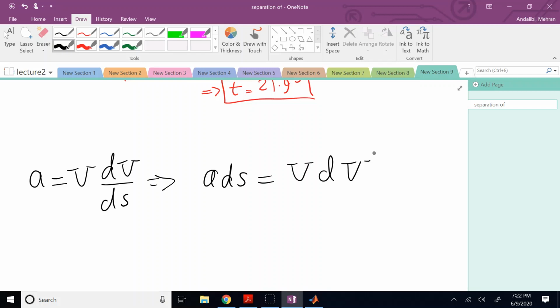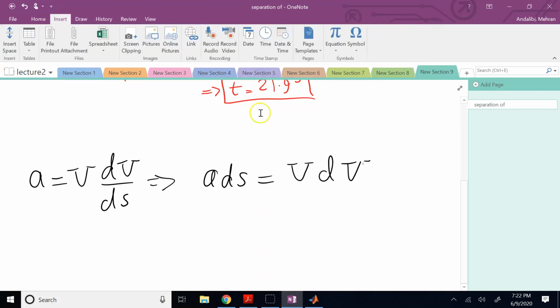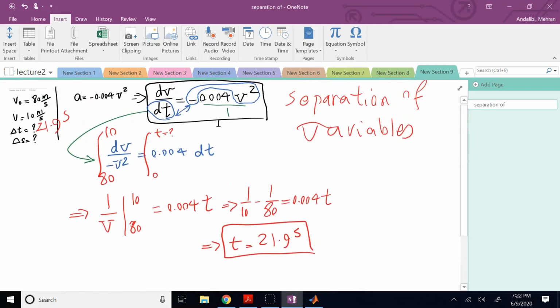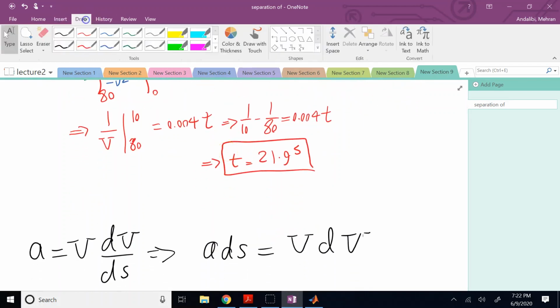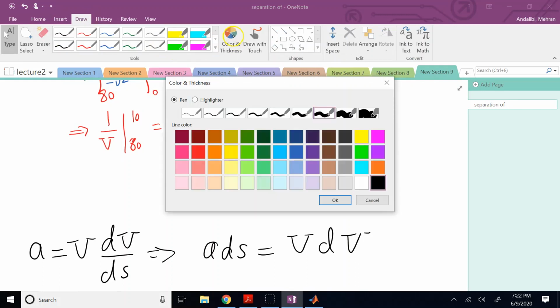All I need to do here is to replace A. And for A, I replace it from the equation given, which is negative 0.004 v squared.